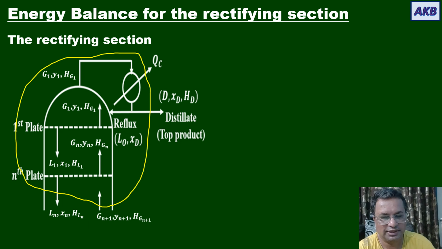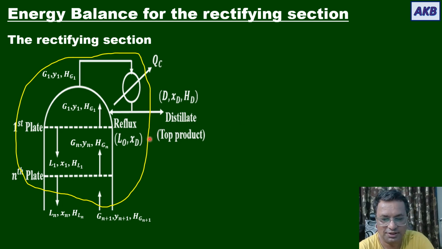You should identify the streams that are coming into the envelope and those that are going out of it. This is one stream, Gn plus 1, Yn plus 1, Hgn plus 1, that is coming from tray number n plus 1, so it is going into the envelope. This liquid stream coming out of the nth tray is going out of the envelope. Then heat is removed, QC is going out of the envelope, and then the distillate is going out of the envelope.